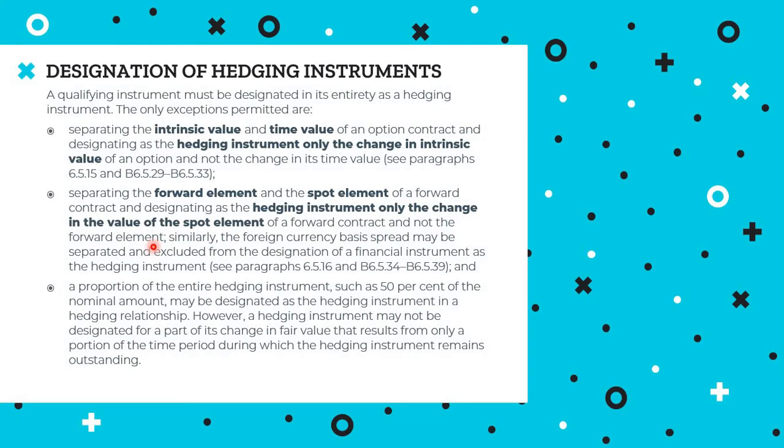So, ibig sabihin, for forward contract, meron tayong dalawang option. Una is, i-designate natin yung buong changes in its entirety as the hedging instrument. O kaya naman, i-separate daw ang forward element from the spot element, at yung change lang sa spot element ang considered as the hedging instrument.